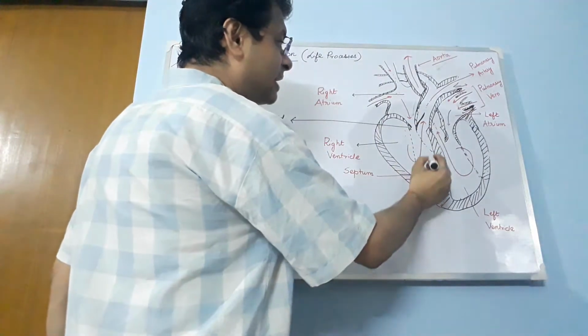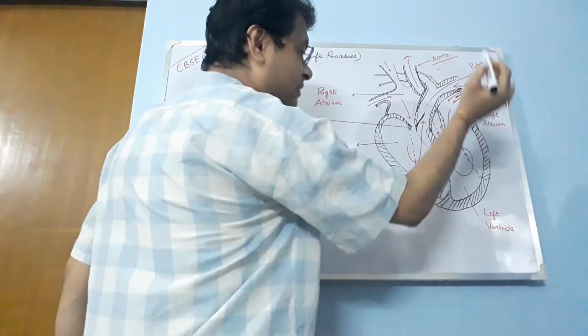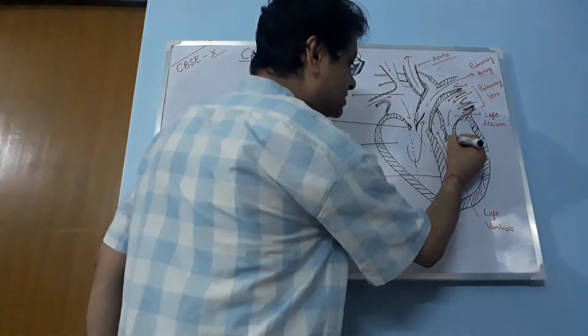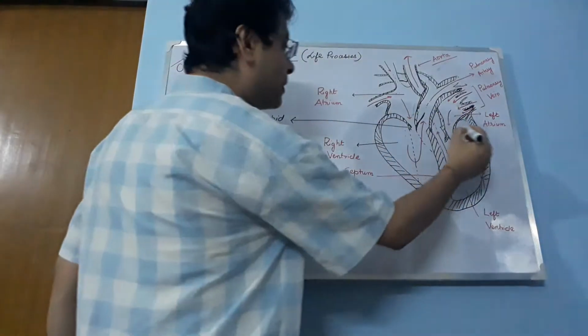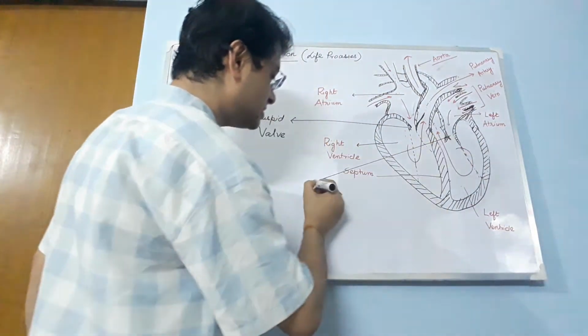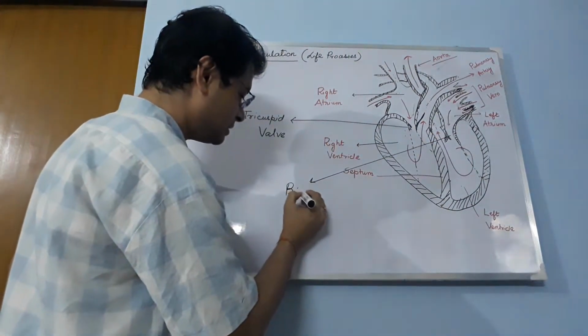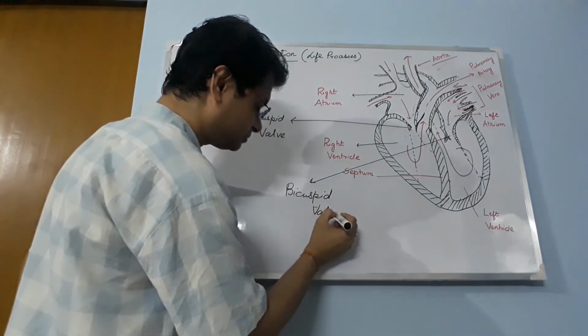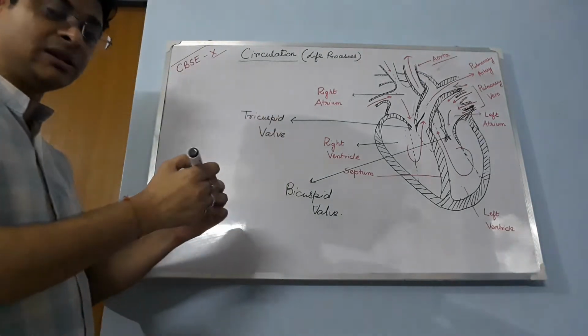Then this is the left atrium, this is the left ventricle, and in between there is another valve. This is the bicuspid valve. So one is tricuspid, another is bicuspid.